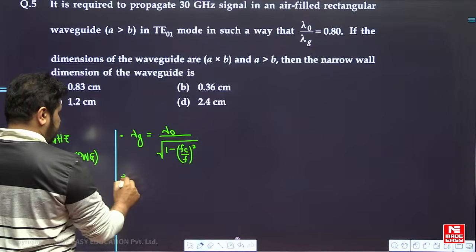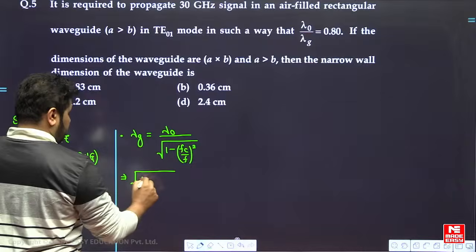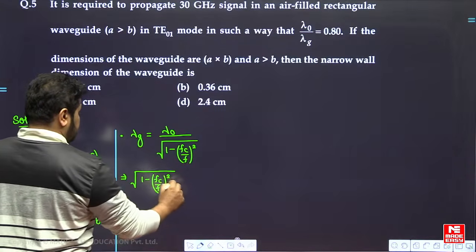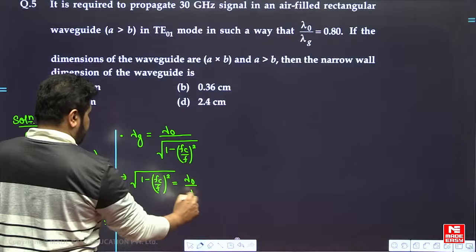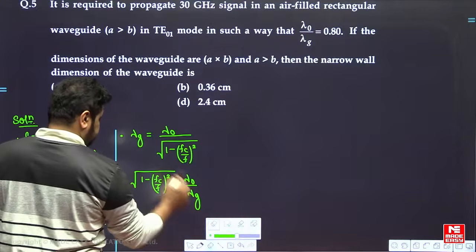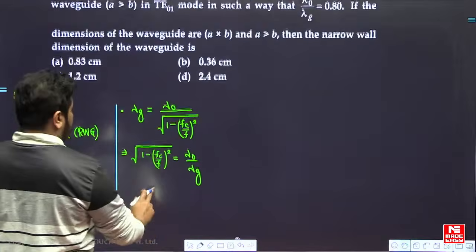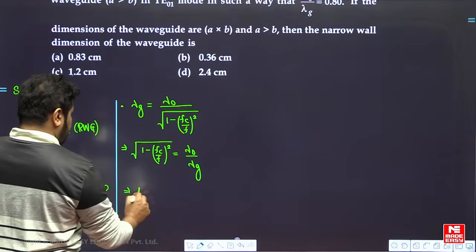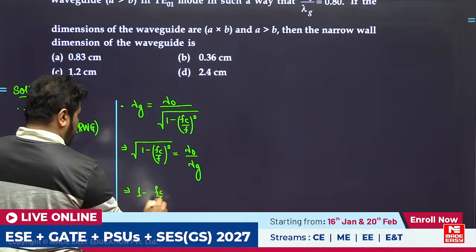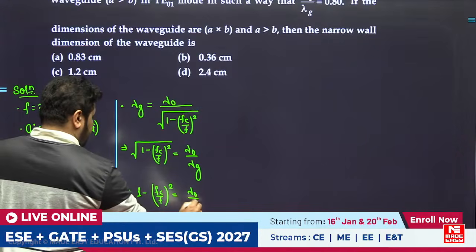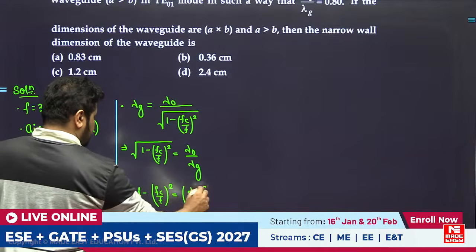So if I do root under 1 minus fc upon f whole square, this should be equal to lambda naught upon lambda g, isn't it? Correct? So from here I can say that 1 minus fc upon f whole square is equal to lambda naught upon lambda g whole square, isn't it?